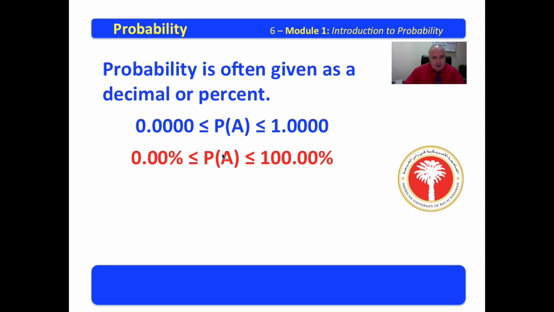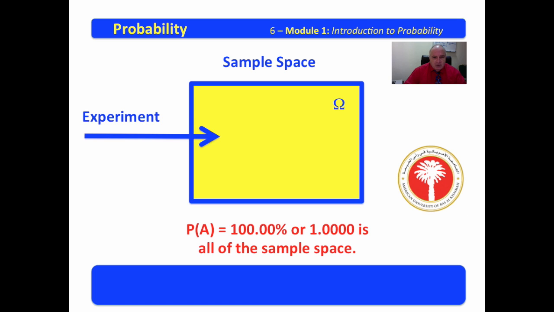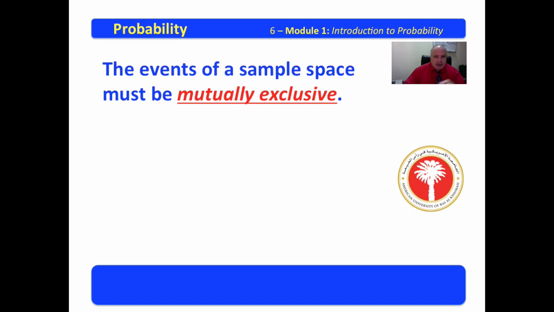We might also say that a probability lies between 0% and 100%. Now, a probability of 0 includes none of the sample space. In other words, the event has no probability whatsoever of occurring. The probability of 100% includes all of the sample space.